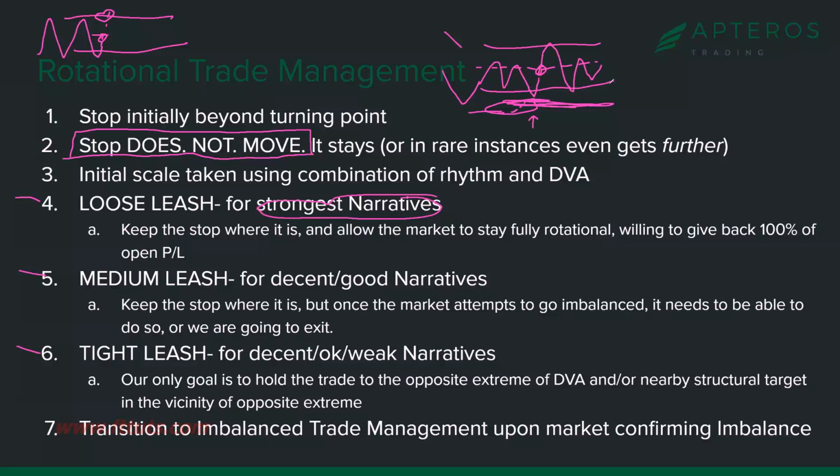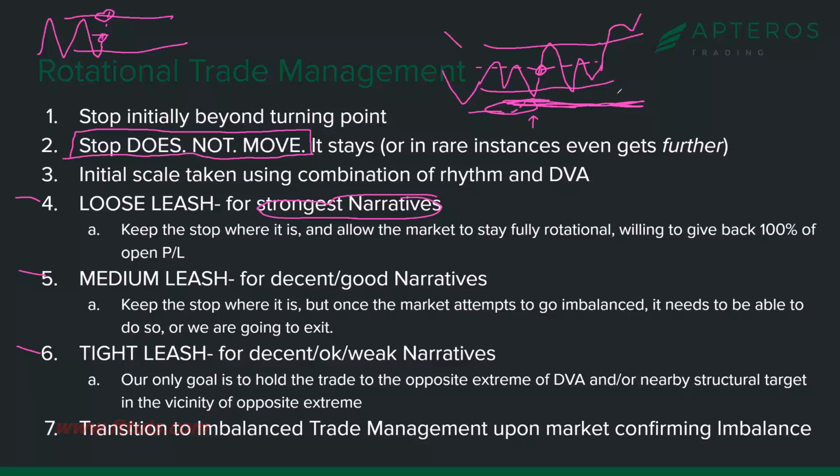Do I expect this market to just stay rotational for the rest of the day? No, I don't. I expect at some point the buyers are going to take control and we're going to get imbalanced. And even once we get imbalanced, I might not move the stop if I don't feel like it. But that's absolute loose leash. Medium leash for our core position is we got a good narrative here, okay? Keep the stop where it is.